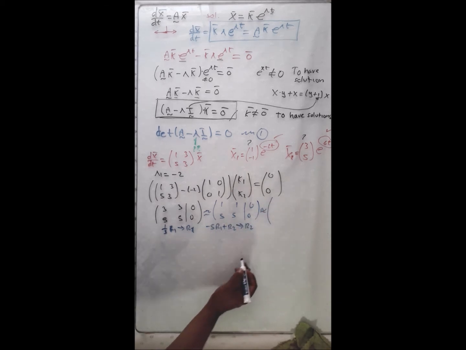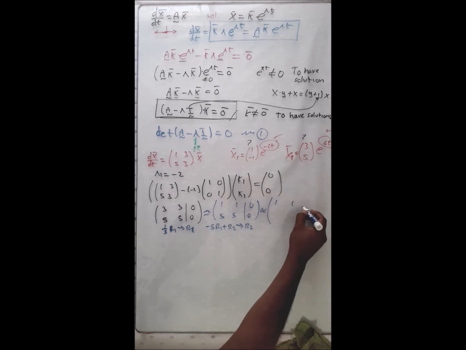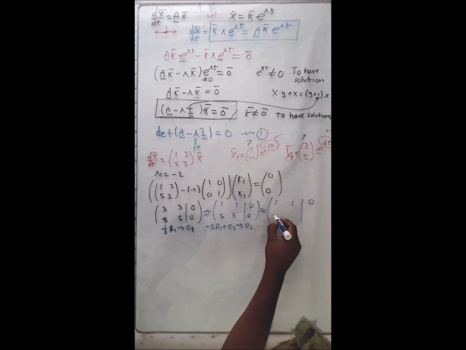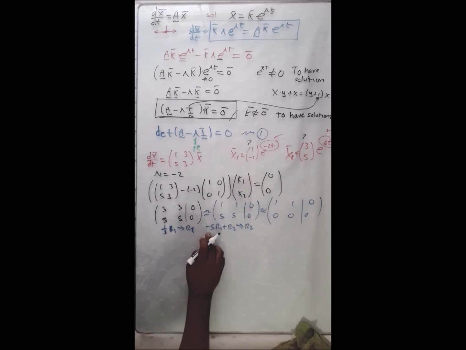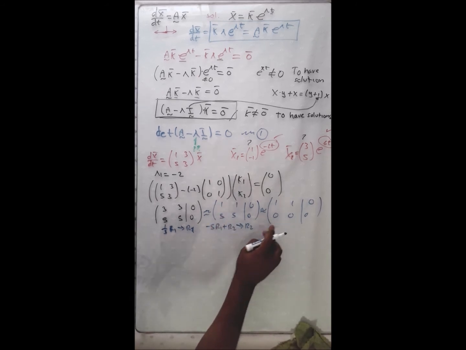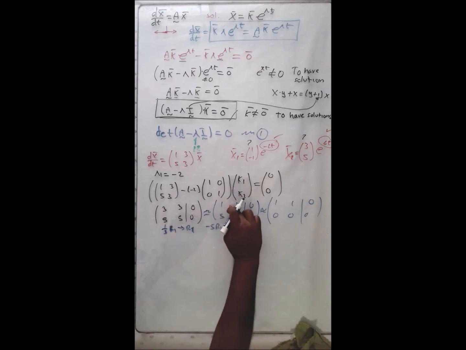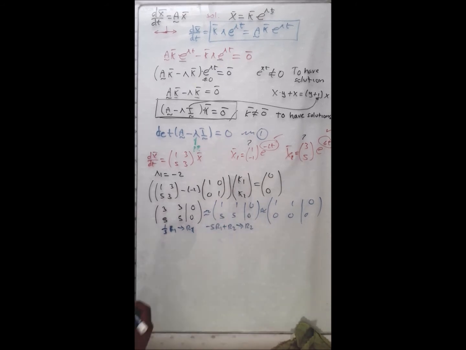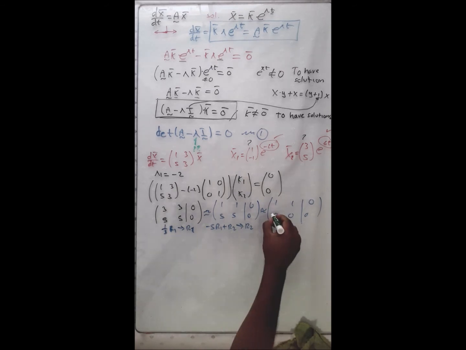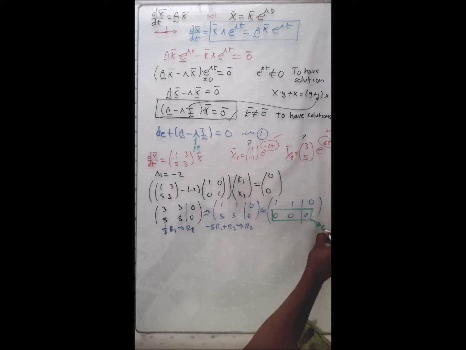The result is 1, 1, 0, and then 0, 0, 0, because minus 5 times 1 plus 5 is 0. So here is a very important step: you got one row equal to 0. If that happens, then you are okay. This shall happen.